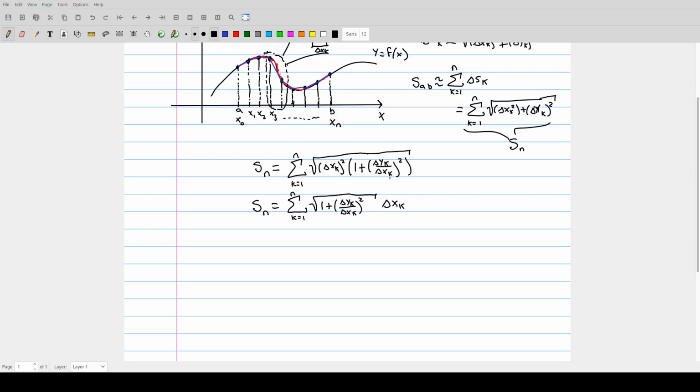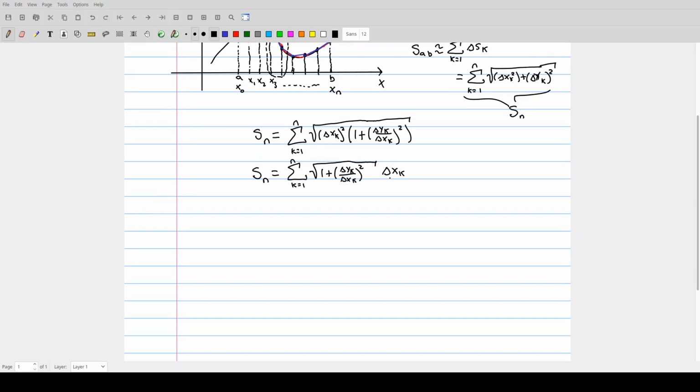So our first simplification is really just an algebra simplification. We just rewrite our summation term in a nicer manner. The second main simplification that we have to apply is the mean value theorem, because we want to find a better expression for this delta yk over delta xk.